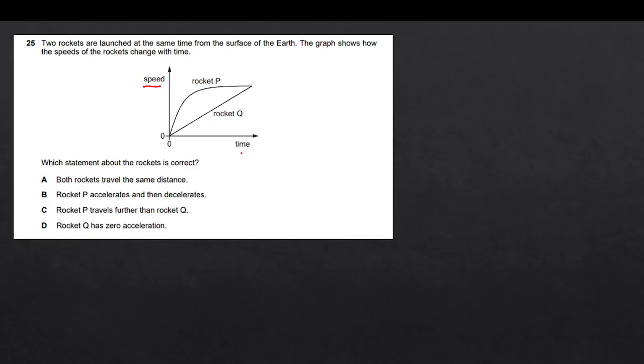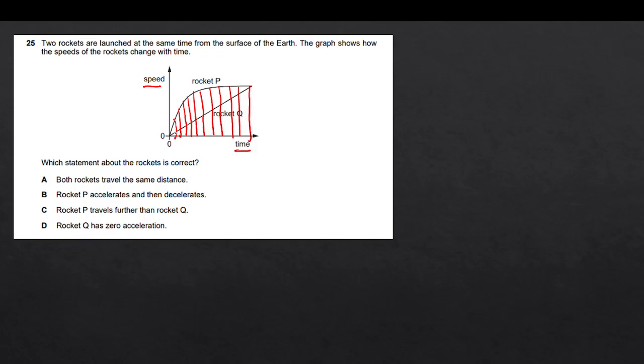In a speed time graph, distance is given by the area under the curve. So if I want to find the distance traveled by rocket P, I have to find the area under this curve for rocket P. If I calculate this area, that would be equal to the distance traveled by rocket P. Whereas for rocket Q, this is the distance traveled.